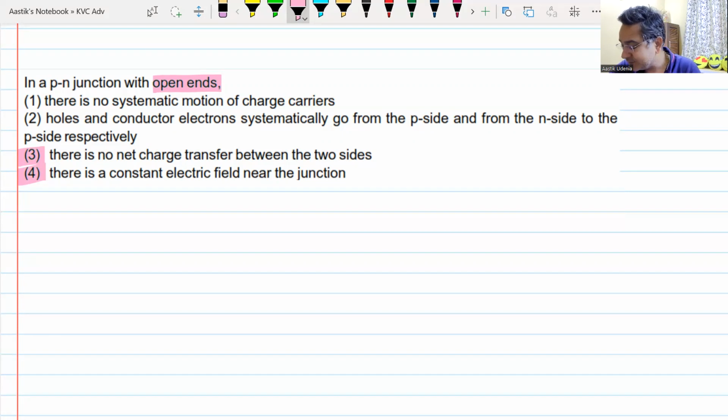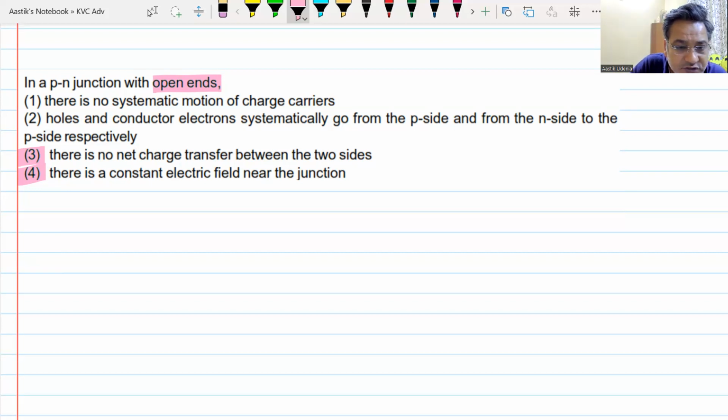Option number 1 and 2 are not correct. Option number 3, there is no net flow of charge across the potential barrier. Yes, there is a constant electric field. I just gave you a formula for that electric field also.